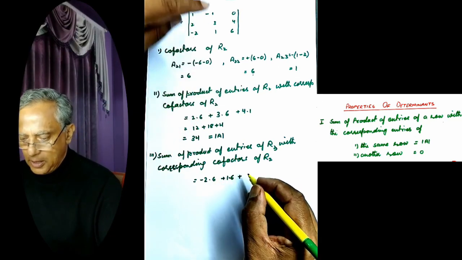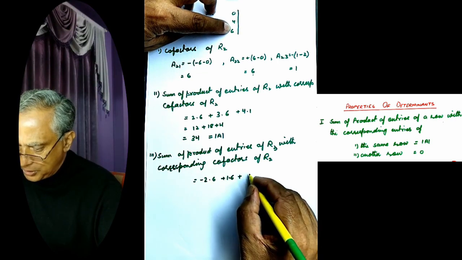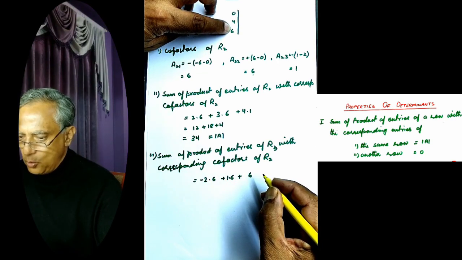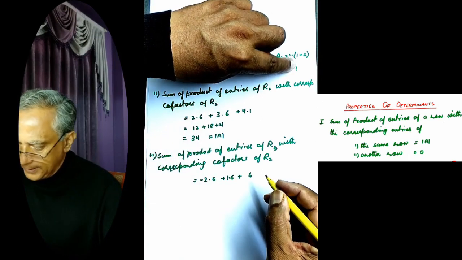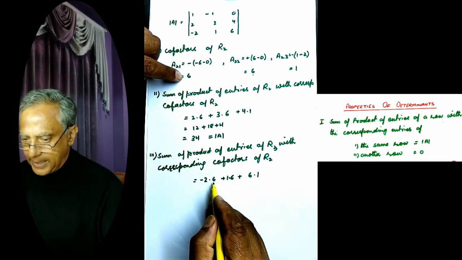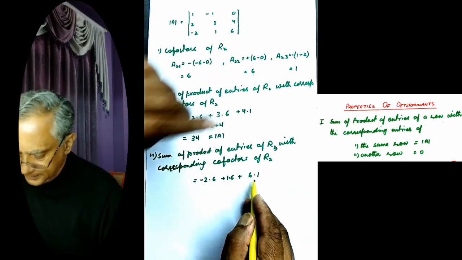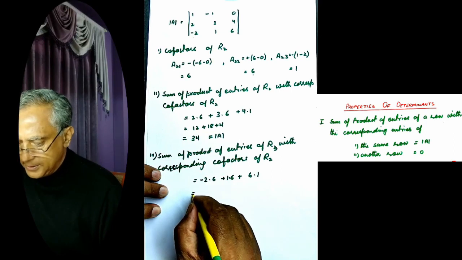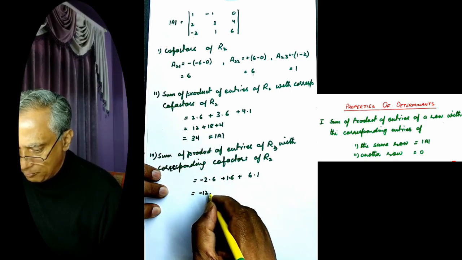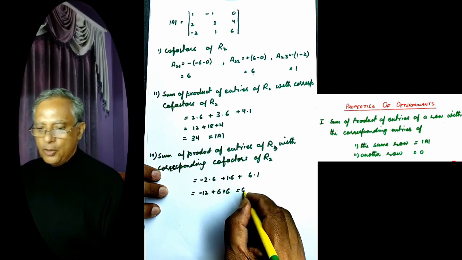The next entry of R3 is 6 and the third cofactor is 1. This is minus 12 plus 6 plus 6, that is 0.